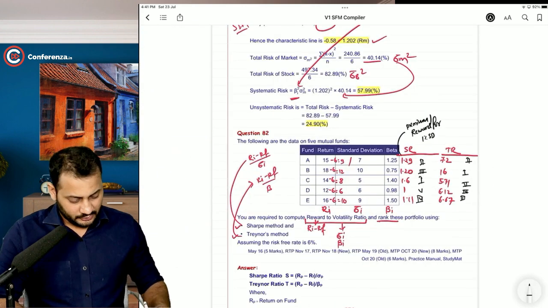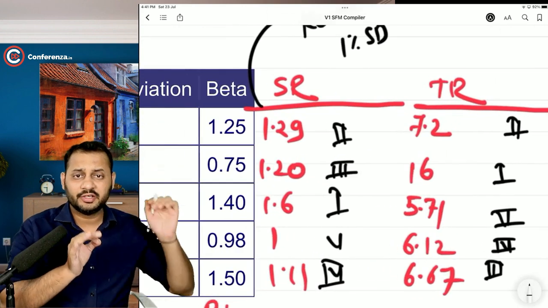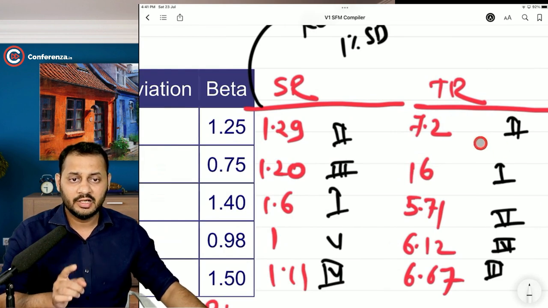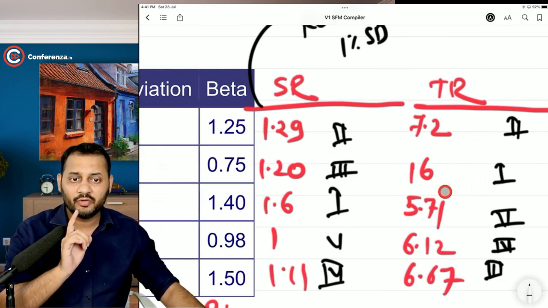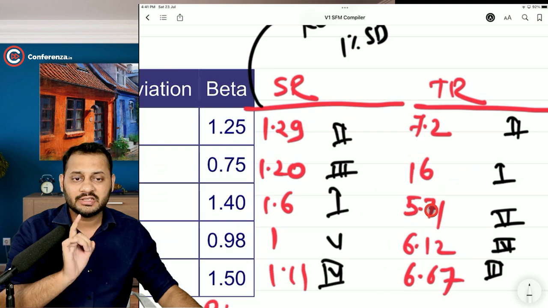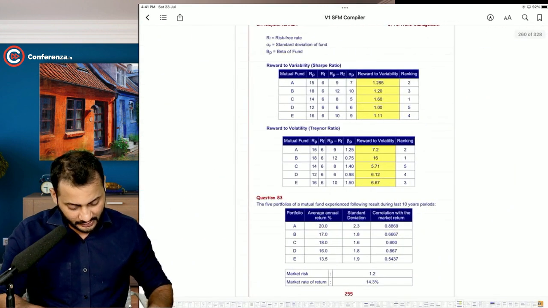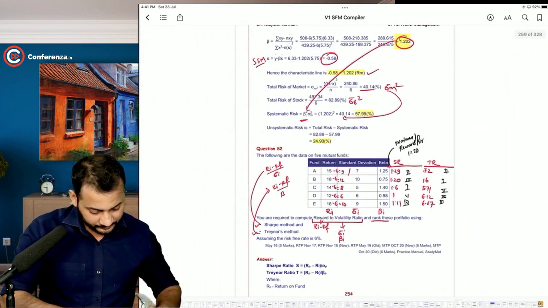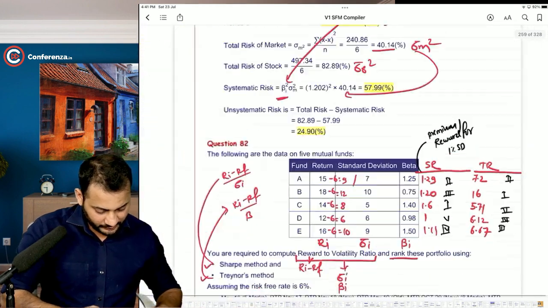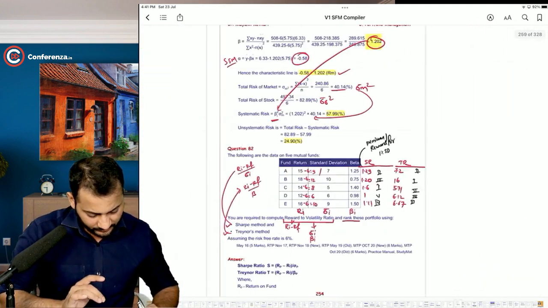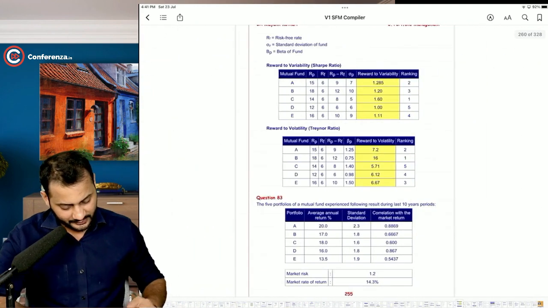If we go for the Treynor ratio, 16 is first, then second, third, fourth, and fifth. See, 7.2% premium for 1 beta, 16% premium for 1 unit of beta, 5.71% premium for 1 unit of beta. Am I right? 23154 and 21543. Right.